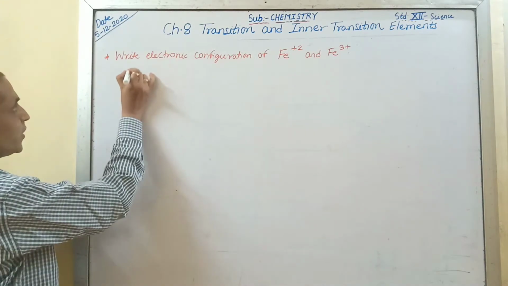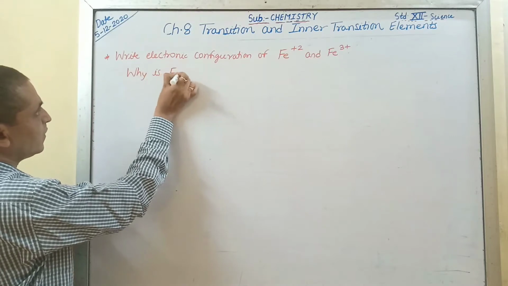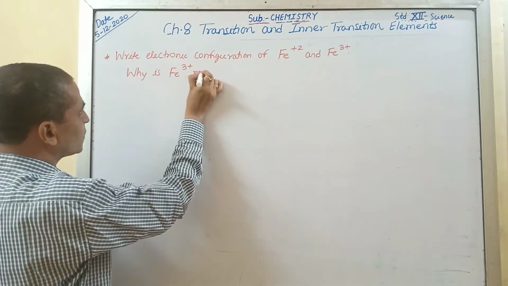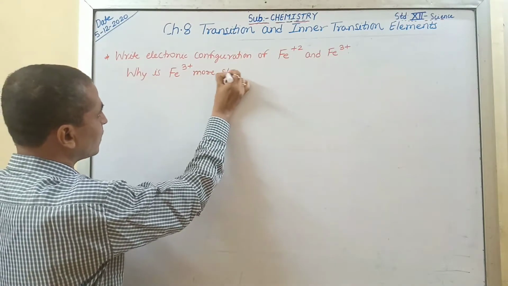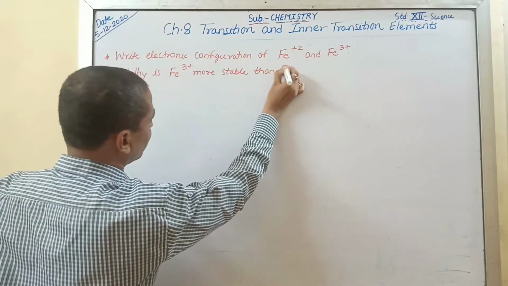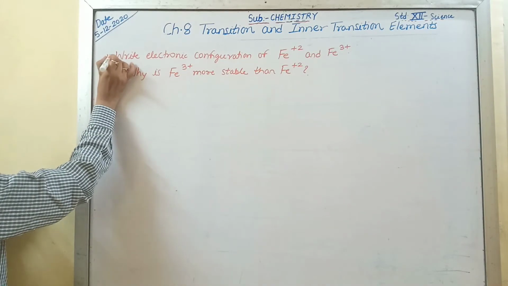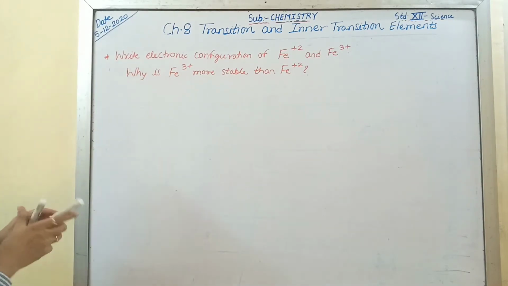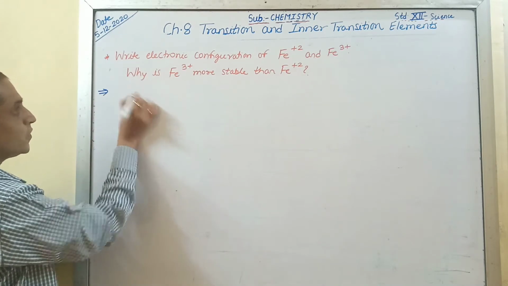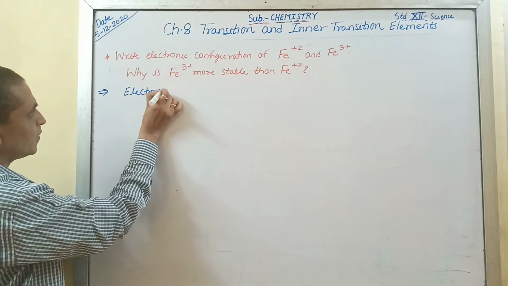And my second question is: why is Fe3+ more stable than Fe2+? These are my two questions. Now see the solution. In this, first write down the electronic configuration of Fe.